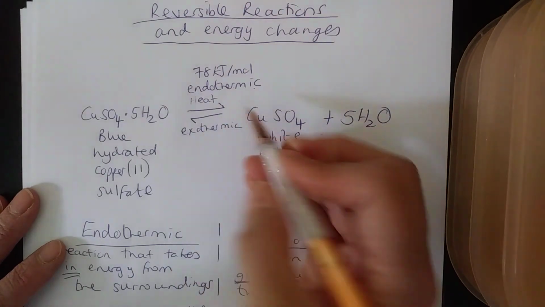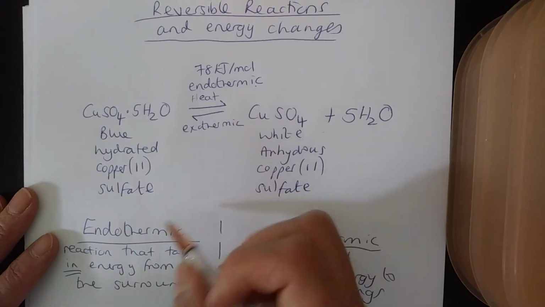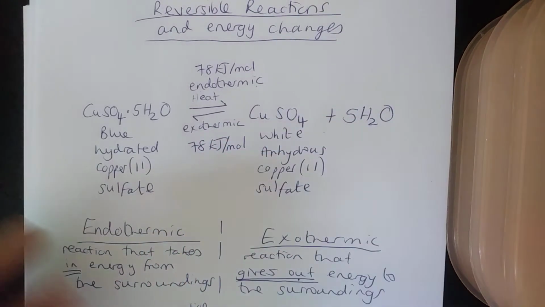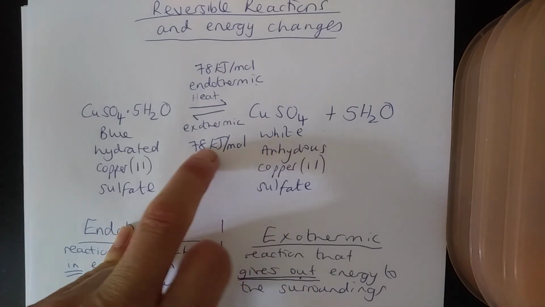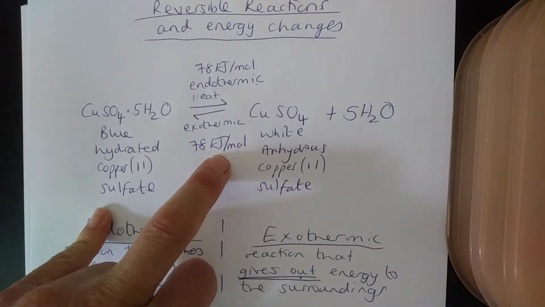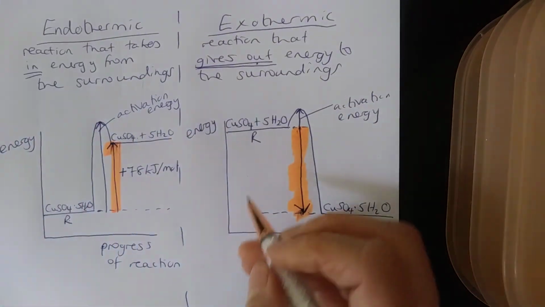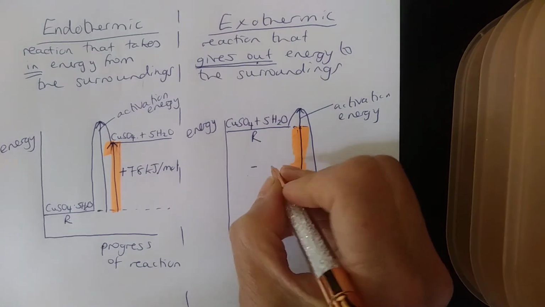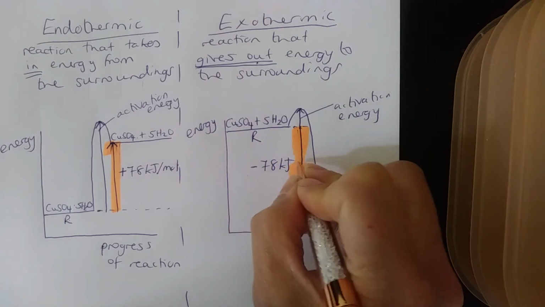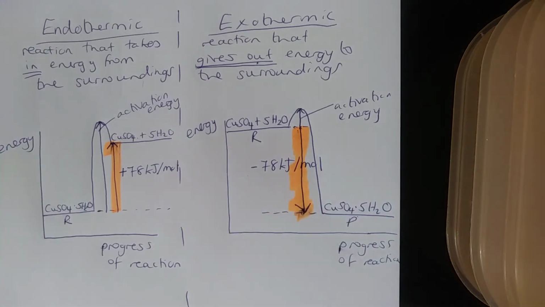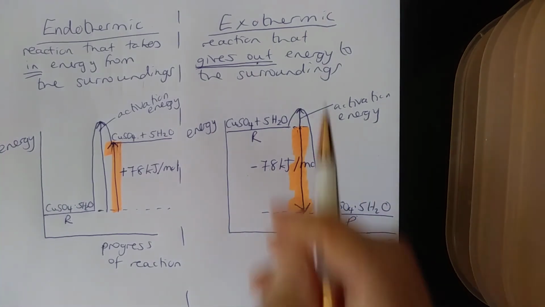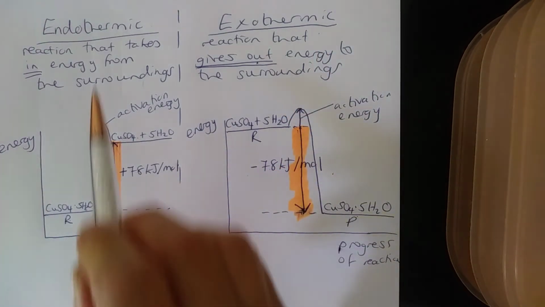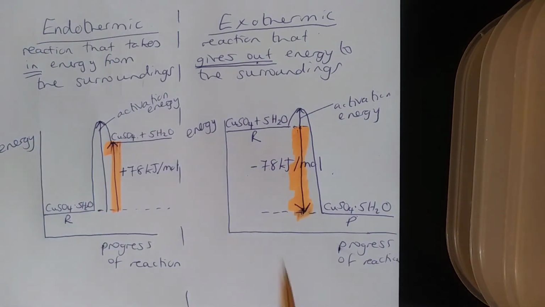So in this reverse reaction here, if that is exothermic, the value is going to be exactly the same. 78 kilojoules per mole of energy is given out to the surroundings, and this is an exothermic reaction. So I can show that on my arrow here. The negative is because it's an exothermic reaction. 78 kilojoules per mole of energy is given out to the surroundings in an exothermic reaction, and 78 kilojoules per mole of energy is taken in from the surroundings in an endothermic reaction.